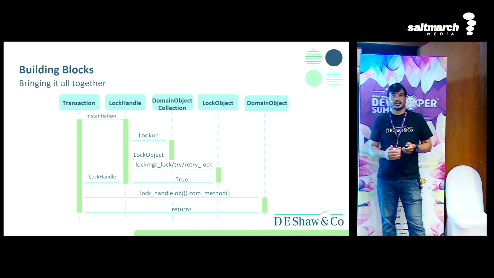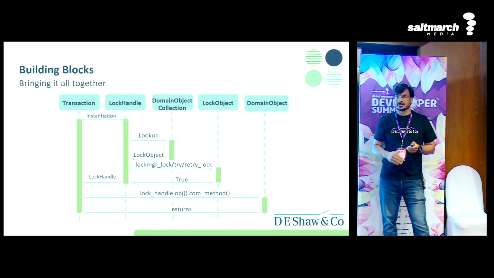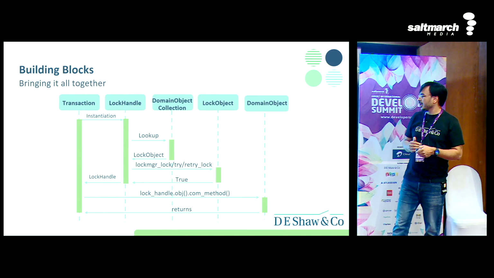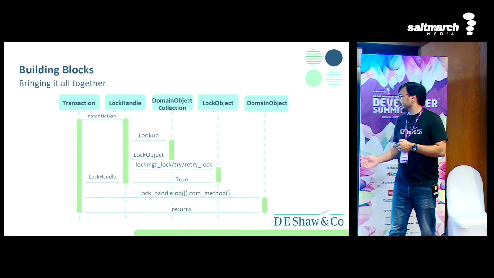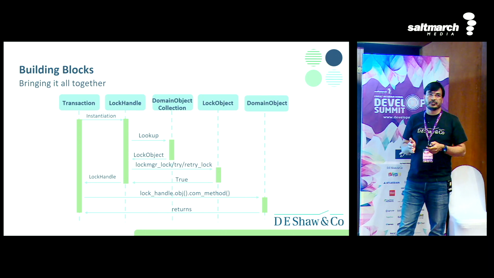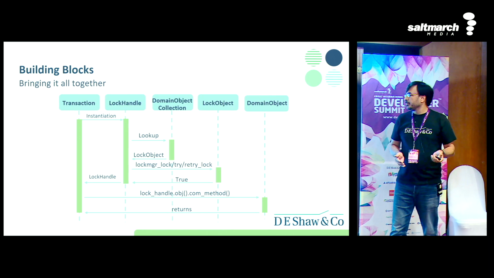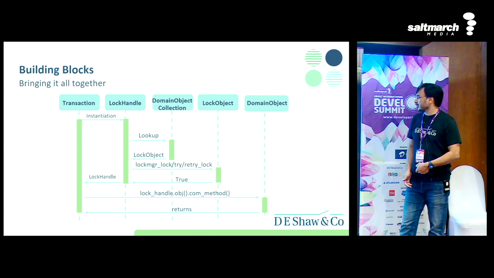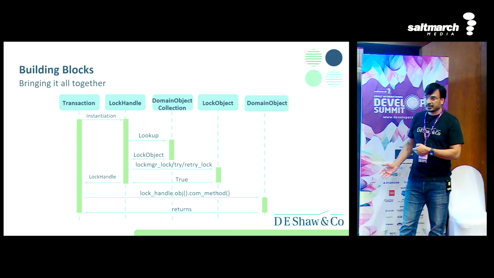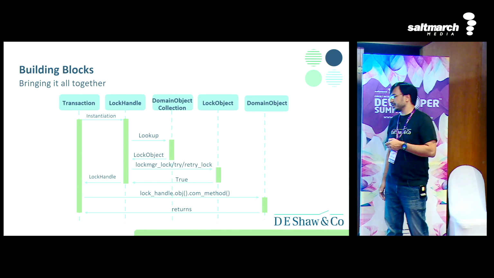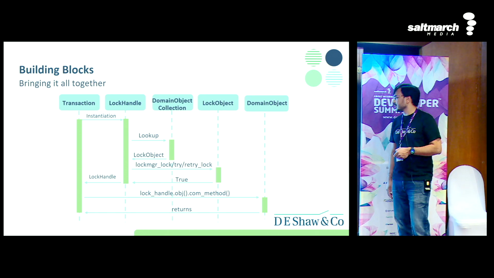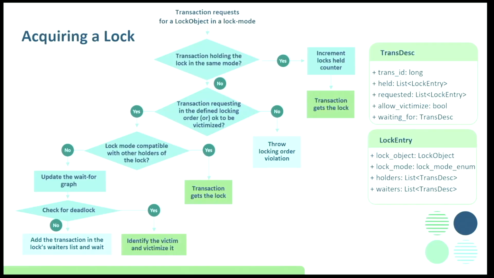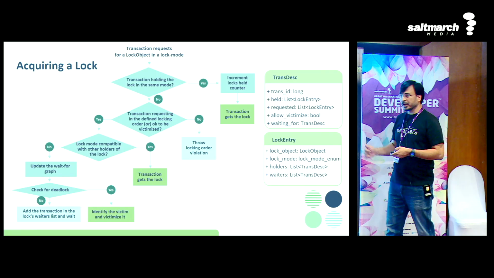The lock object is going to validate as well as check whether there are other holders, waiters and so on, and if all goes fine, it returns true to the lock handle, which is then passed on to the transaction. Once the transaction has the lock handle, it can call any methods on the domain object using the lock handle methods, whether read or write, depending on the mode in which it has acquired the lock.